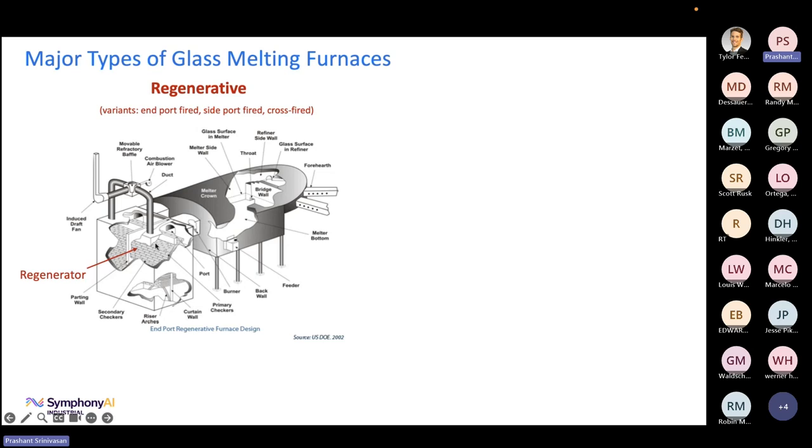The exhaust gases heat the regenerator bricks, and then the intake gas absorbs the heat from those bricks, and then you recover the energy that is lost in the exhaust gas. You can have different variants here. You could have an end-fired or a side port fired or cross-fired, depending on the arrangement of the fuel nozzles. But this is really the most popular type of furnace today in the industry. So you will see that a large proportion of furnaces are regenerative type.